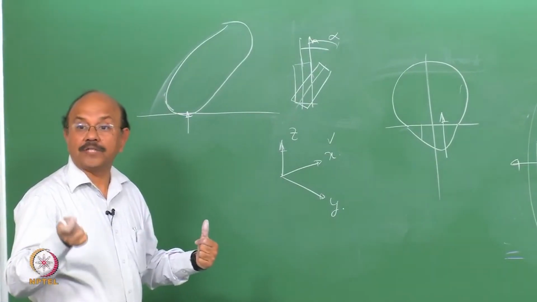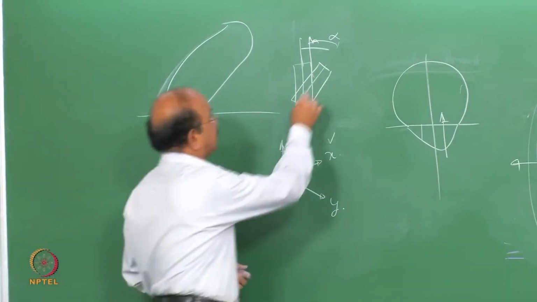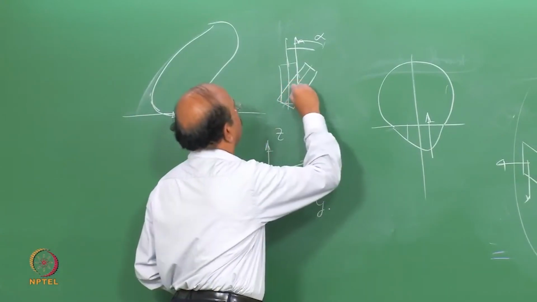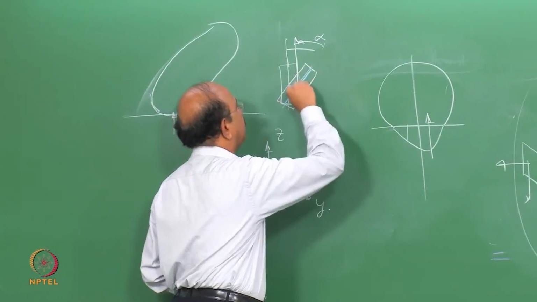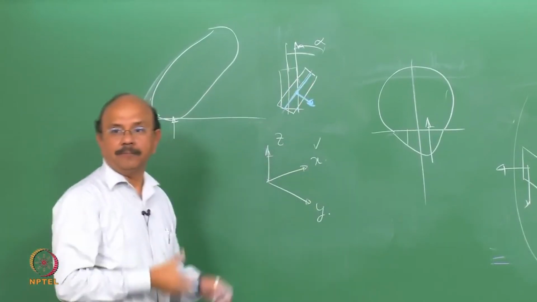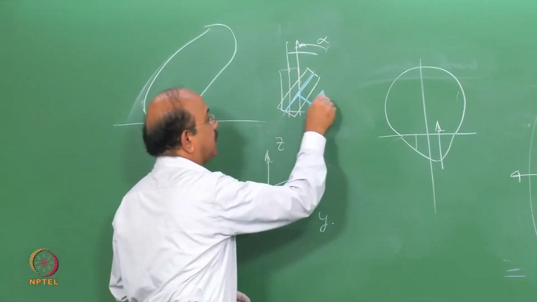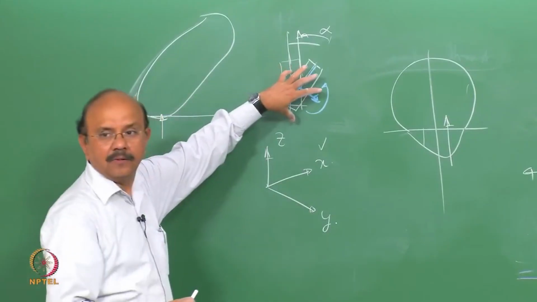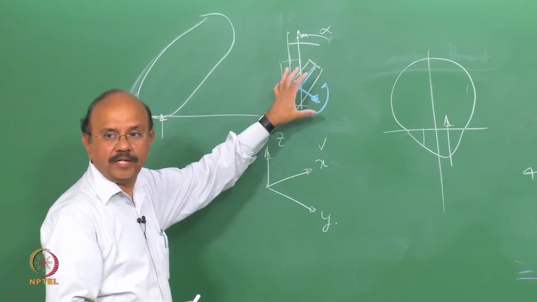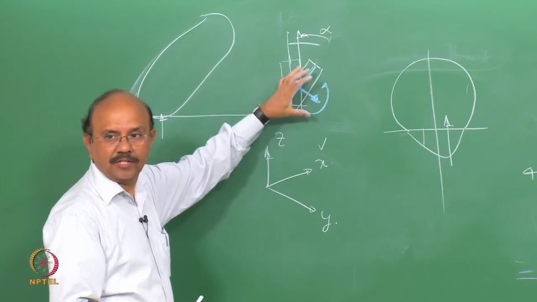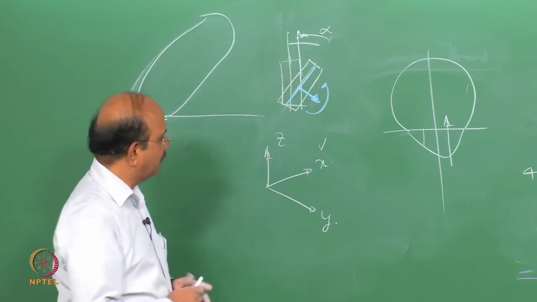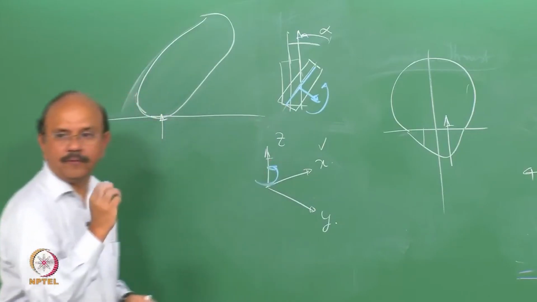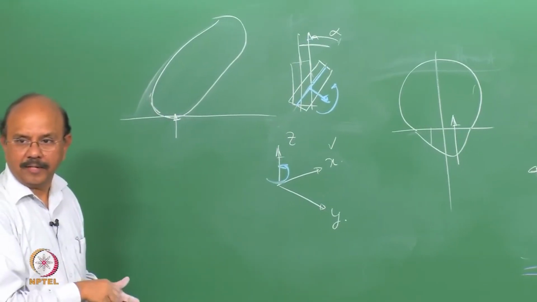The centripetal force again does not act right at the center. If this is the line, that's the center, it acts away, and because of which there is a moment that is generated, and that moment makes the vehicle go straight again. So it is called the aligning moment.